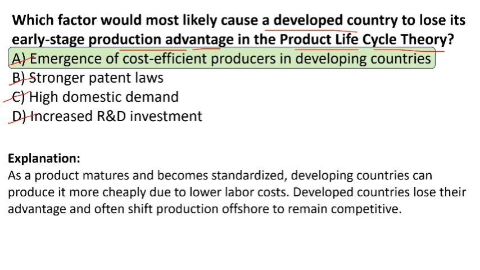As a product matures and becomes standardized, developing countries can produce it more cheaply due to lower labor cost. But this happens only in the maturity phase. Clear? Developed countries lose their advantage and often shift production offshore to remain competitive. Correct? To keep their product alive in that market.